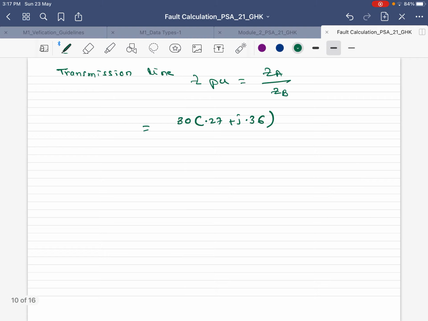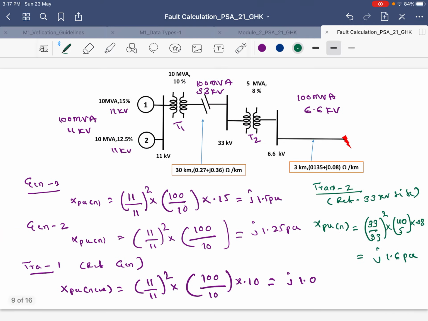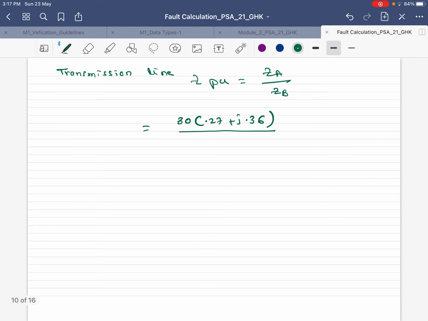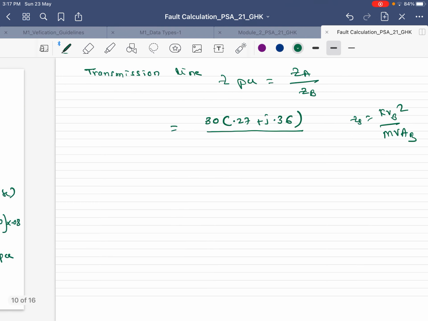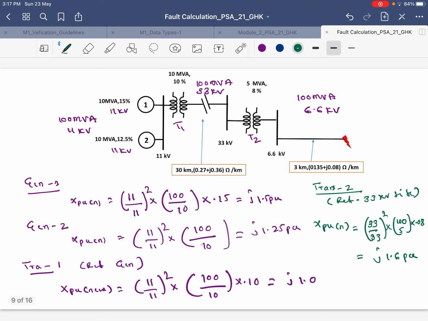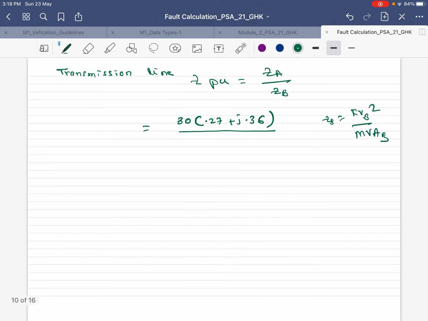Therefore, I am making 30 into 0.27 plus j3.6, and the base impedance is calculated as KVB square. ZB is given by KVB square divided by MVAB. The base voltage in the transmission line side is 33.